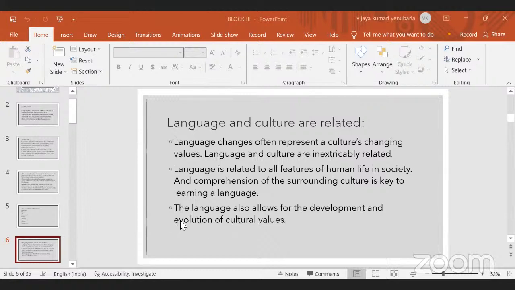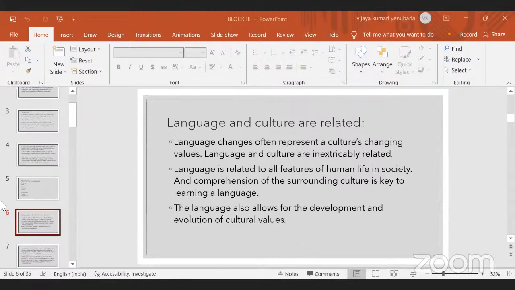This is called evolution. Evolution is a gradual development, gradual change. It is not a sudden change. It is evolving, emerging, changing day by day, a regular kind of development. The language allows for the development and evolution of cultural values also.